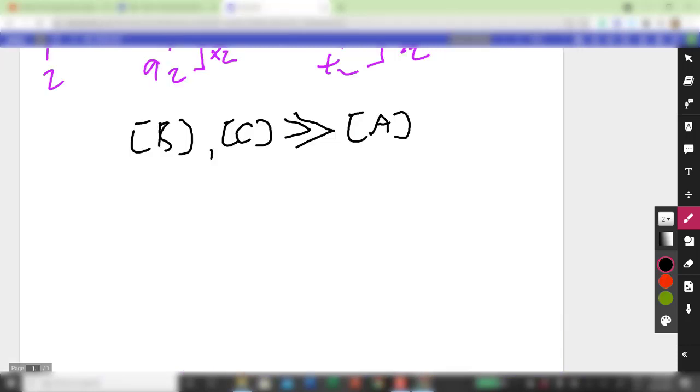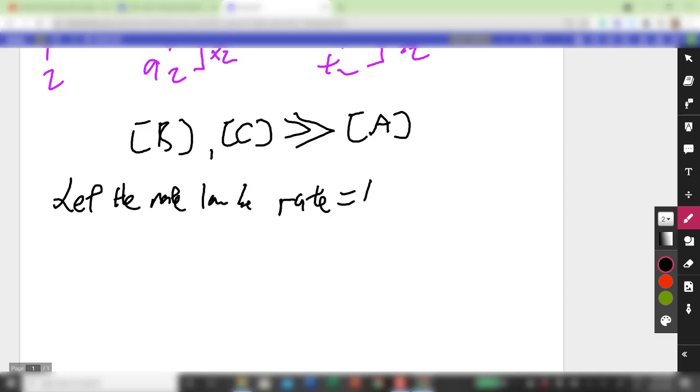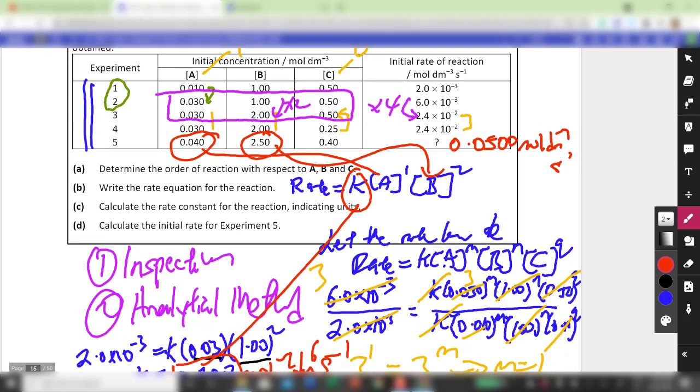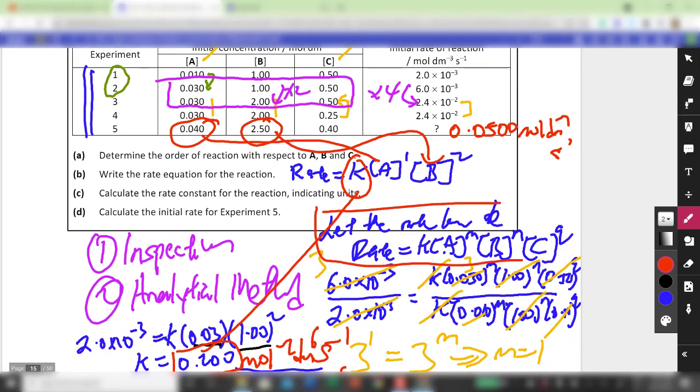Remember earlier on, we let the rate law be rate is equals to k concentration of A to the power m, concentration of B to the power n, concentration of C to the power q. Remember we did this? It's over here. We did this earlier on.